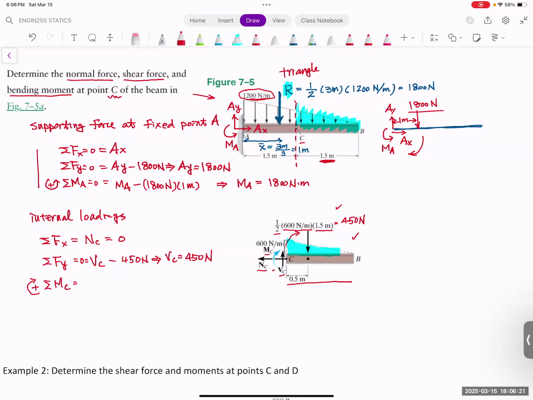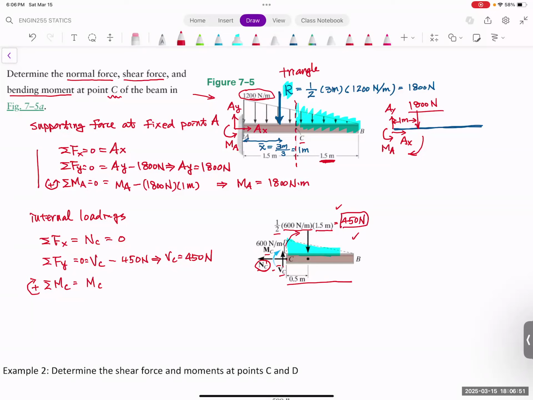And that is equal to M sub C. Any other force will make it rotate about the point of C. This N sub C is equal to 0, so it's not going to make it rotate about the C. This V sub C is right at the point of C, which will not make it rotate about C as well. So the only other force that will make it rotate is going to be this 450 Newton force.